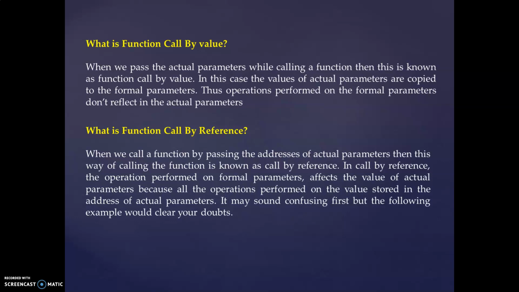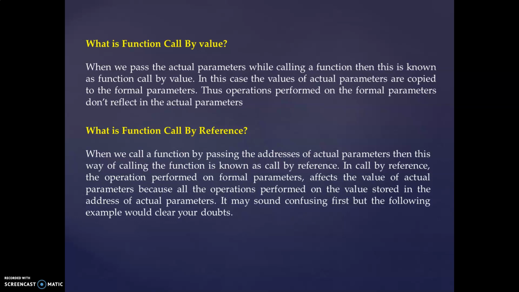Clear? So suppose in a simple program we are taking two variables. In the main function we are taking a and b, and there is an addition function, or called function, inside which we are taking two formal parameters, x and y. So here a and b are the actual parameters and x and y are the agents.